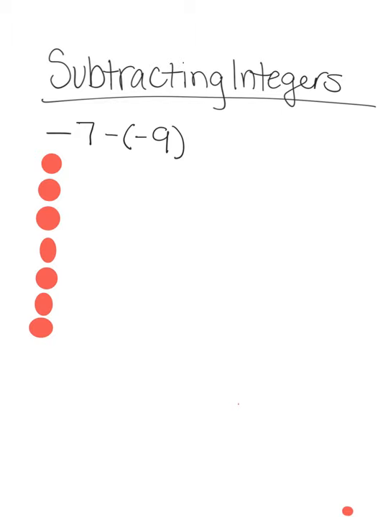I have 7 negatives. So in order to do that, I need to add in 0 pairs so that I have 9 negatives to take away. So what I'm going to add in is a 0 pair here.